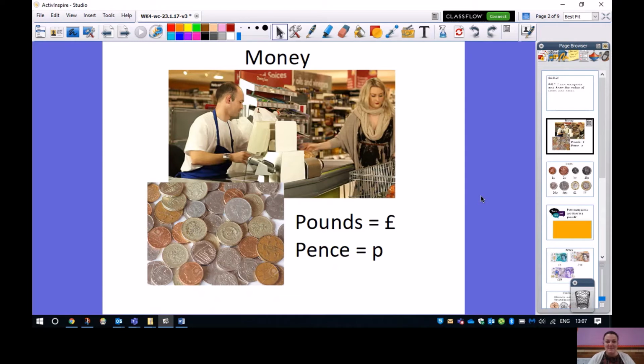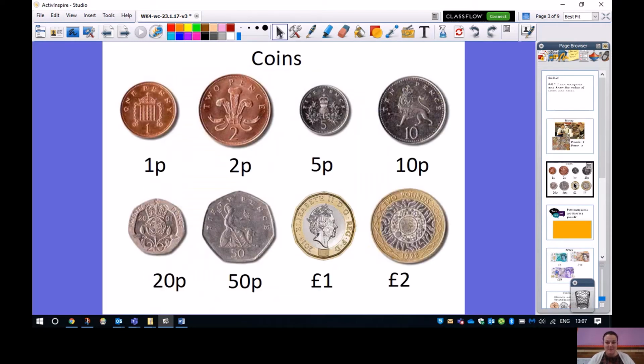So let's have a look at some of the coins that we have available within Great Britain. Our smallest coin available to us is 1p or 1 pence. The second smallest coin is 2 pence, and you can see that 1p and 2p are both copper coloured coins.